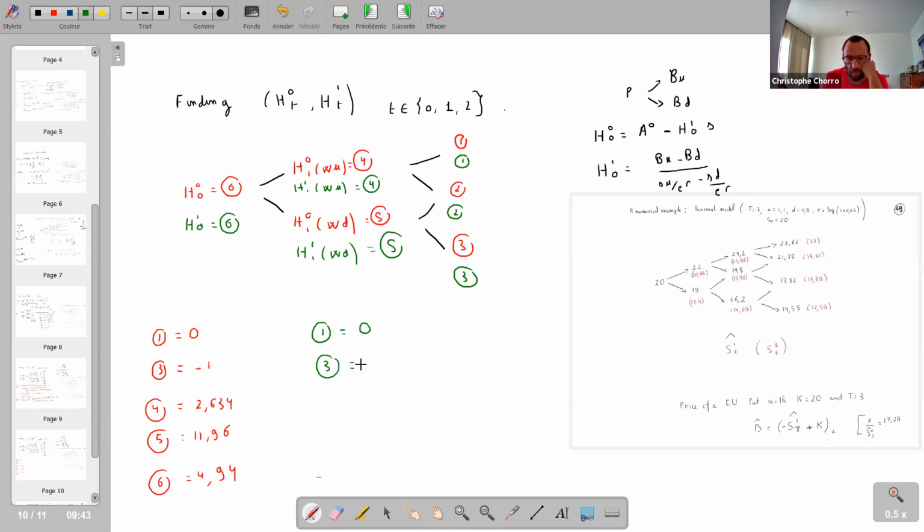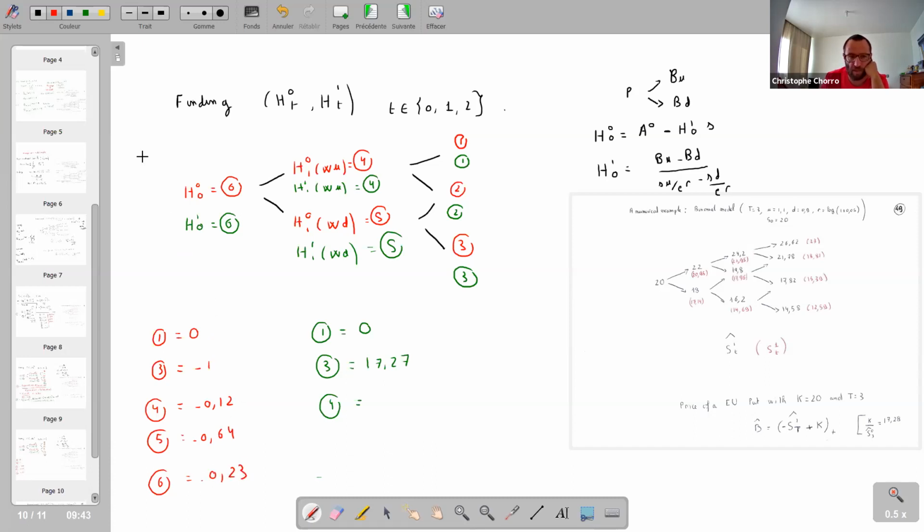For the 3, I obtain 17.27. For 4, I obtain here, excuse me, I have switched the things. So it's okay here. So for 4, it's -0.12, -0.34, -0.23.